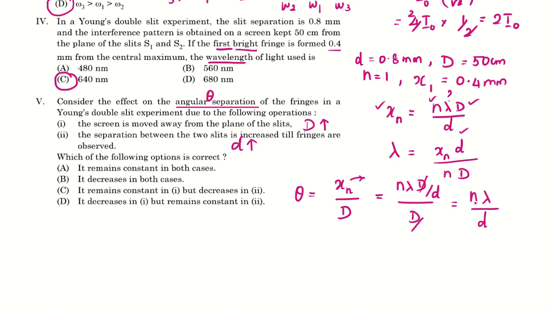So if you see here, the angular separation doesn't depend on the screen distance, which means it remains constant. So for case 1, it is going to remain constant. Now if the separation between the slits is increased, theta is going to decrease. So the angular separation remains constant in case 1, but it decreases in case 2. So C is the right answer. Thank you.